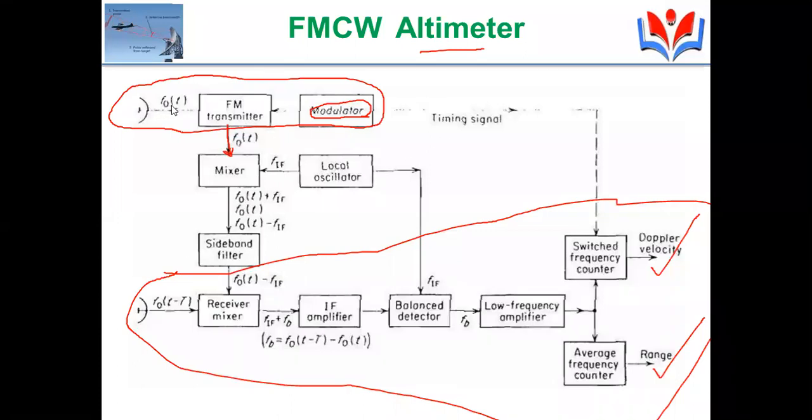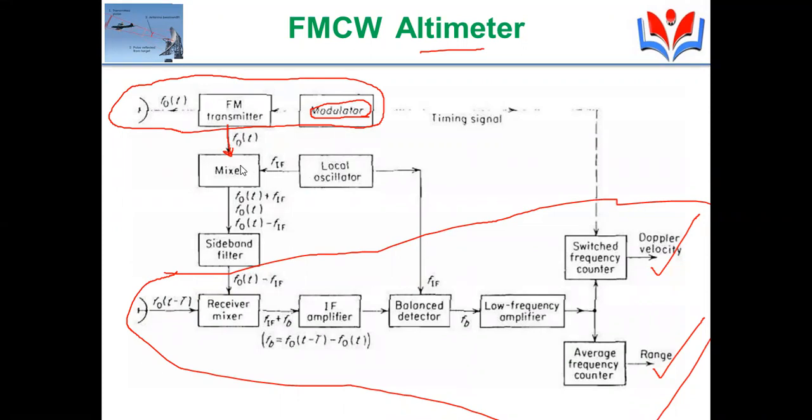So in this case, f naught of t is transmitted, and f naught of t is received by the mixer here. This mixer is given two inputs. One is the signal we transmitted, and the second one is the IF, intermediate frequency signal, generated by this local oscillator.